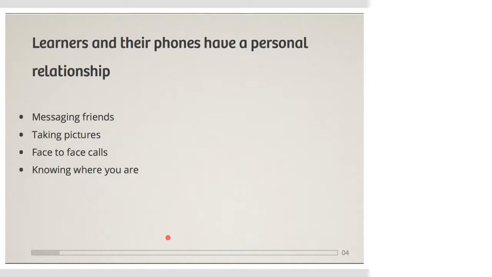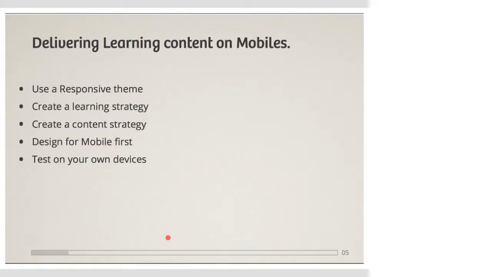So they are actually very personal devices, and using something for learning on a personal device might be very nice and very good. Users could upload their personal videos or pictures, and I think it's important that we look at these functions that these mobile devices have to create great learning content.